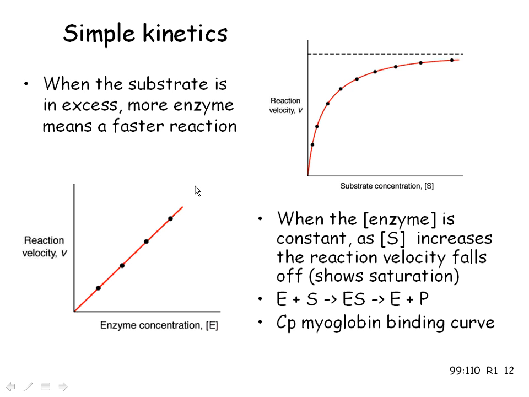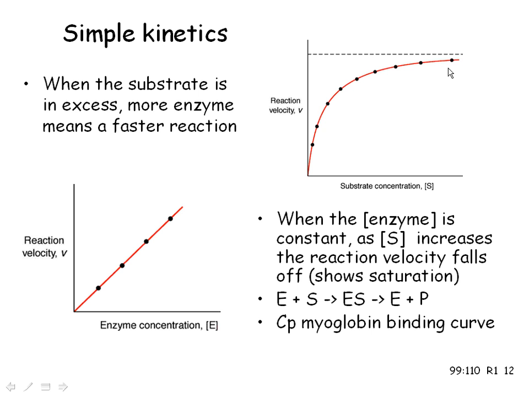Little taste of kinetics. In this graph, we're looking at how fast a reaction is going. And if you add more substrate to a constant amount of enzyme, you'll get more and more product being formed at a higher rate of formation up to a certain point.